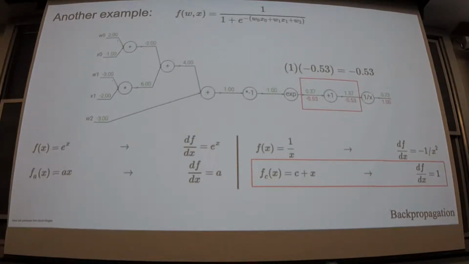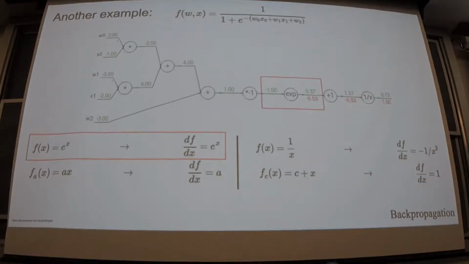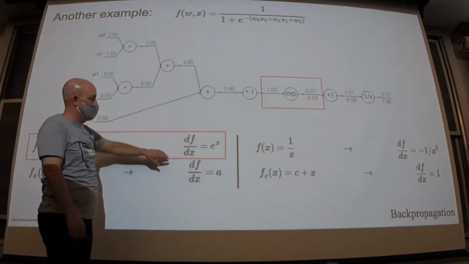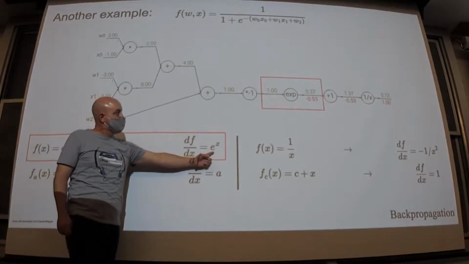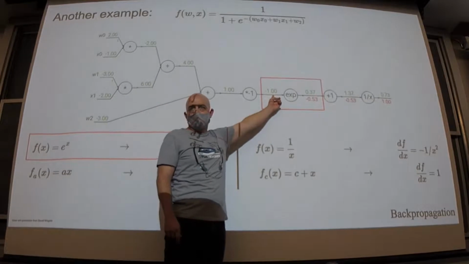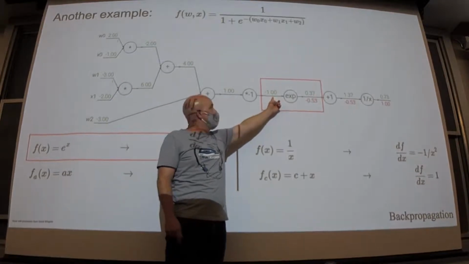Okay, good questions. Other questions? We just keep doing this, okay? The exponential function here, e to the x, its derivative is e to the x. So we're going to take its local derivative, which is e to the x, and evaluate that at negative 1 here.